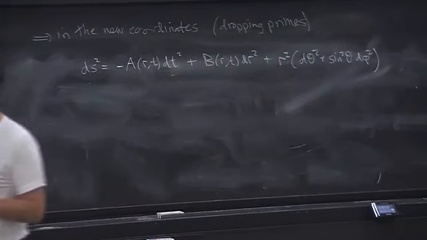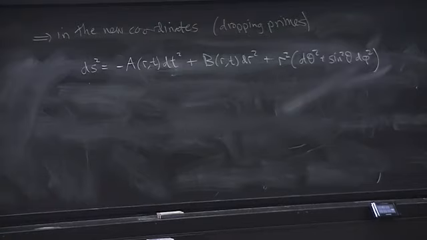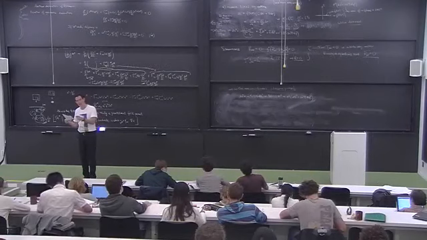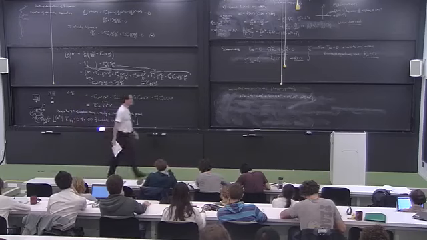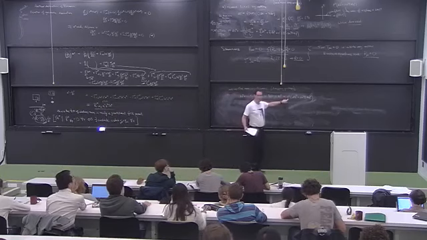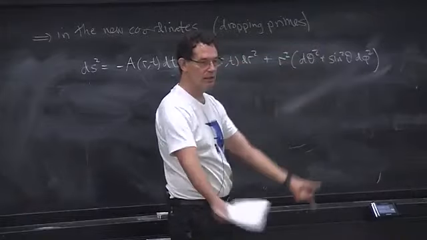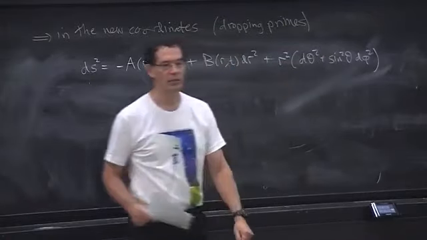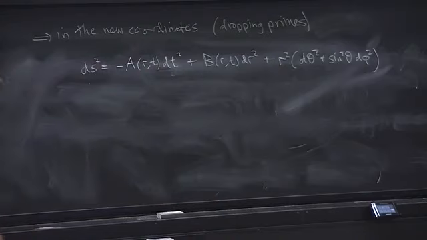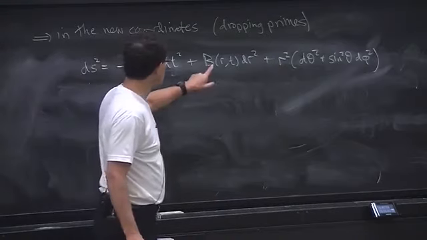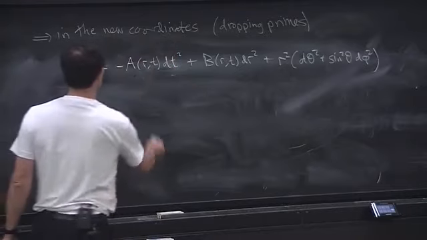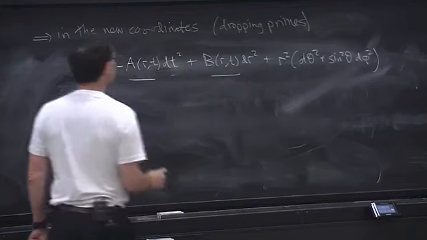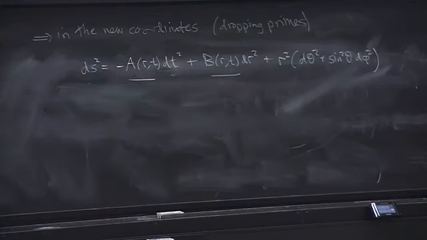Okay, so what we've done is we had a lot of freedom in redefining r, which was spherically symmetric, and t, which was spherically symmetric. We used the r freedom to set this coefficient equal to r squared, which geometrically means the area is 4 pi r squared in these coordinates of any sphere at radius r. And then we use the t freedom to remove the cross term. But we're still left with these two arbitrary functions. Okay, so these are still arbitrary.